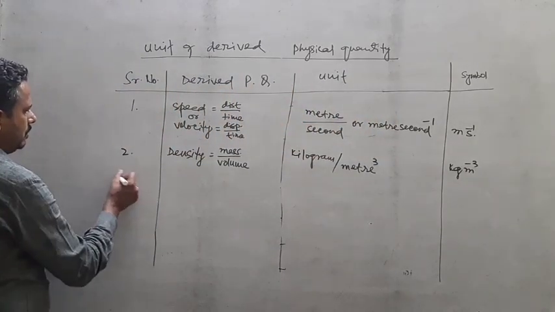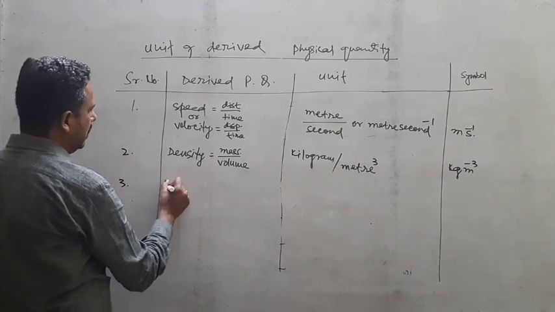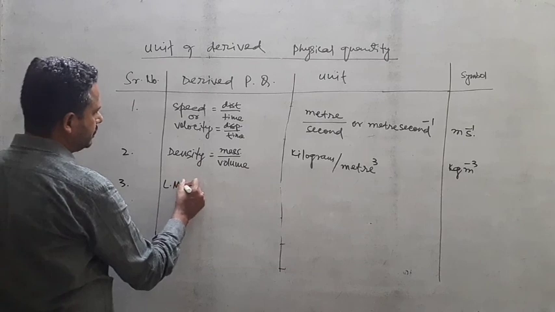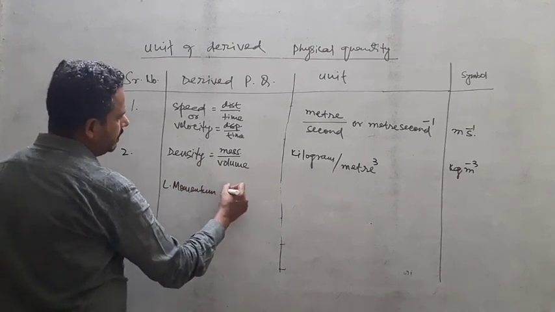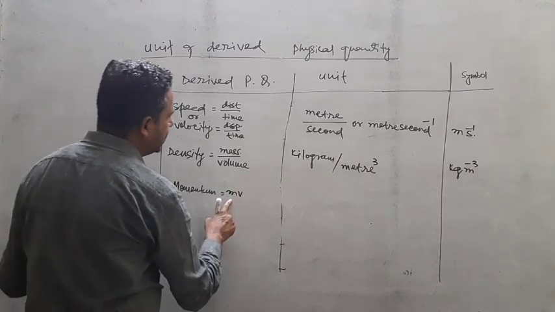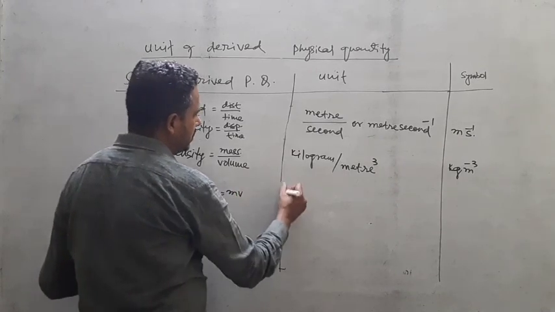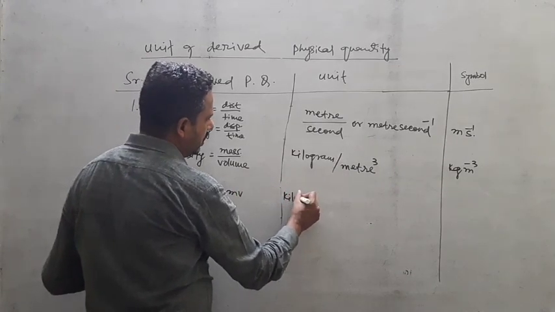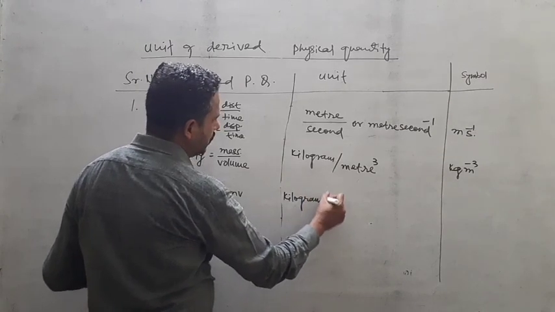Now the next one, suppose you have taken linear momentum. Linear momentum is the product of mass and velocity. So this is mv, where m is mass and v is velocity. The unit of mass is kilogram, into the unit of velocity.